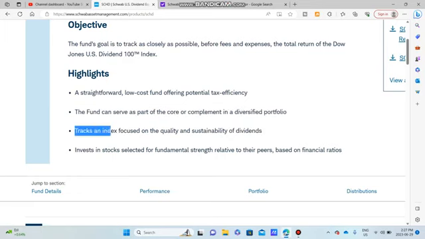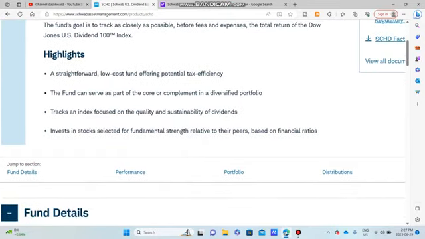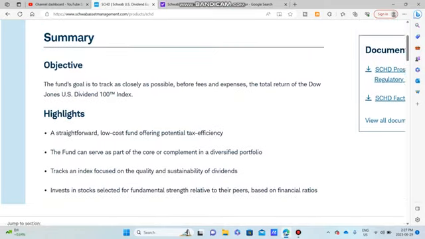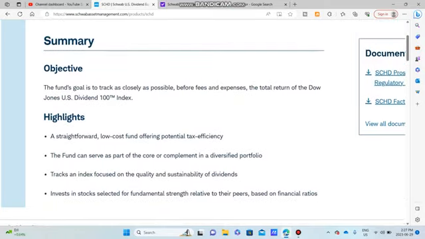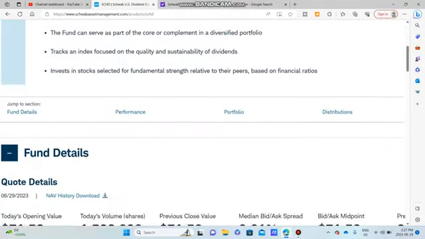It tracks the Dow 100 Index, focused on the quality and sustainability of dividends, going back to those dividend kings and aristocrats, and it invests in stocks selected for fundamental strength relative to their peers based on financial ratios. So they're looking for strong companies that are most likely growing their dividends.